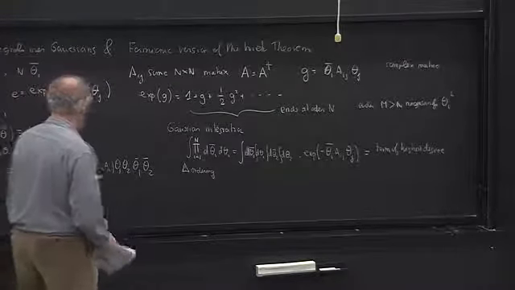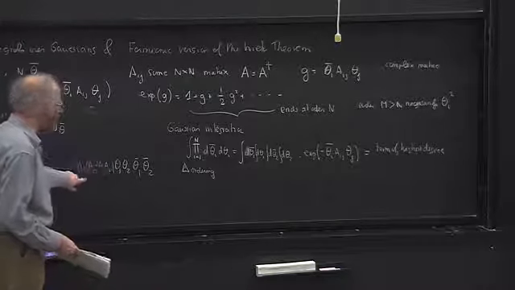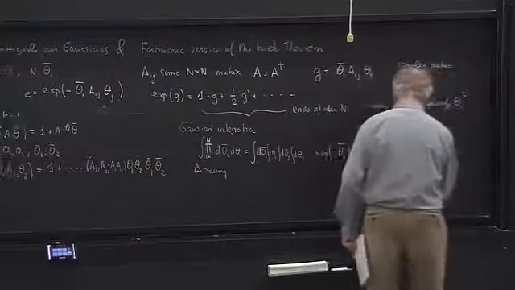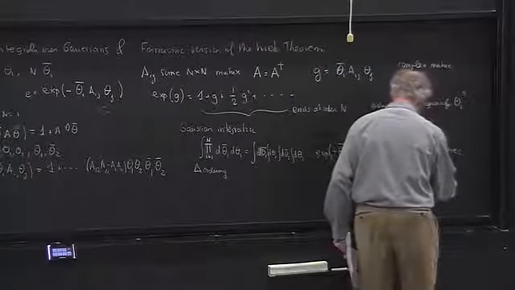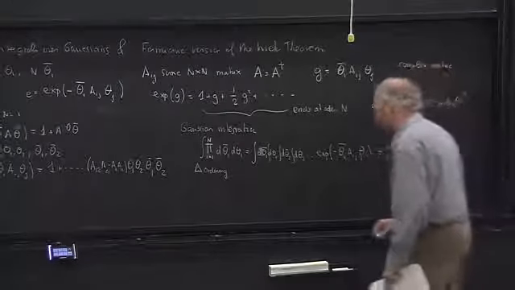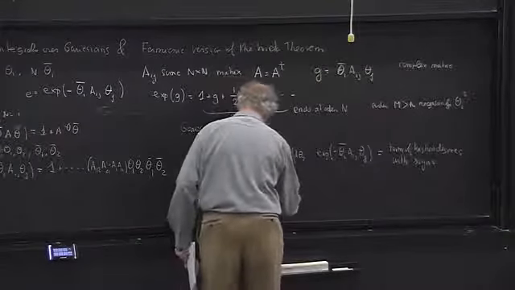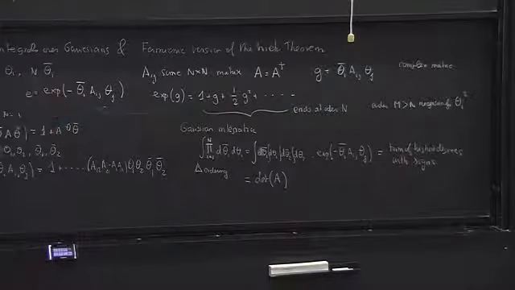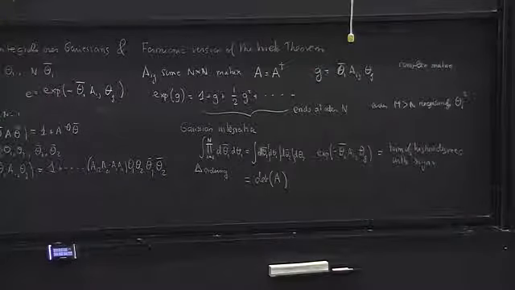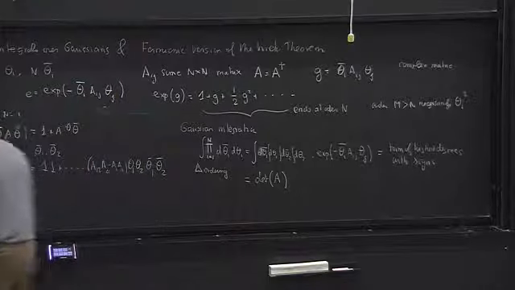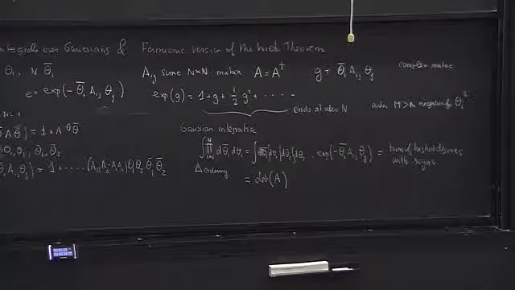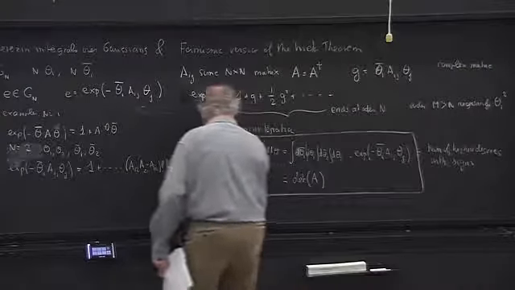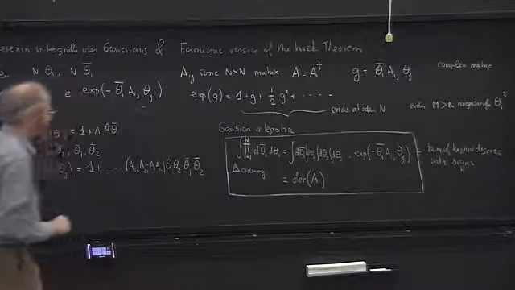So you get A11 A22 minus A12 A21, the term of highest degree with signs. And it is easy to check that this is nothing but the determinant of the matrix. And that's the main result we are going to use.